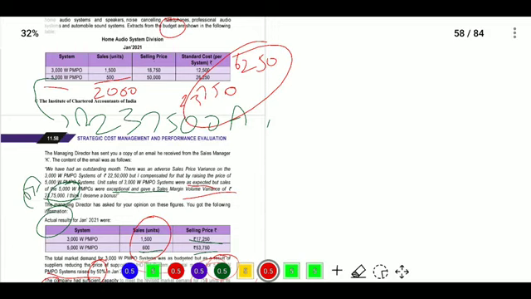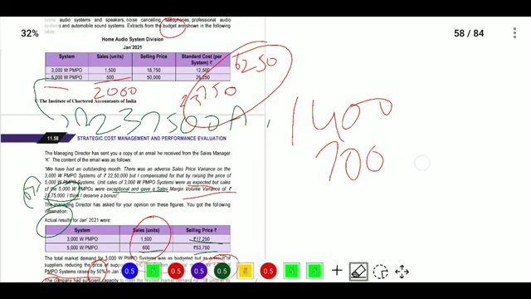For the revised actual quantity, total will be 2100, and for this we take the revised quantity: 1400 for the 3000 units, and in case of 5000 it will be 700. From this we have 1500 minus 1400, so we get 100 into 6250.